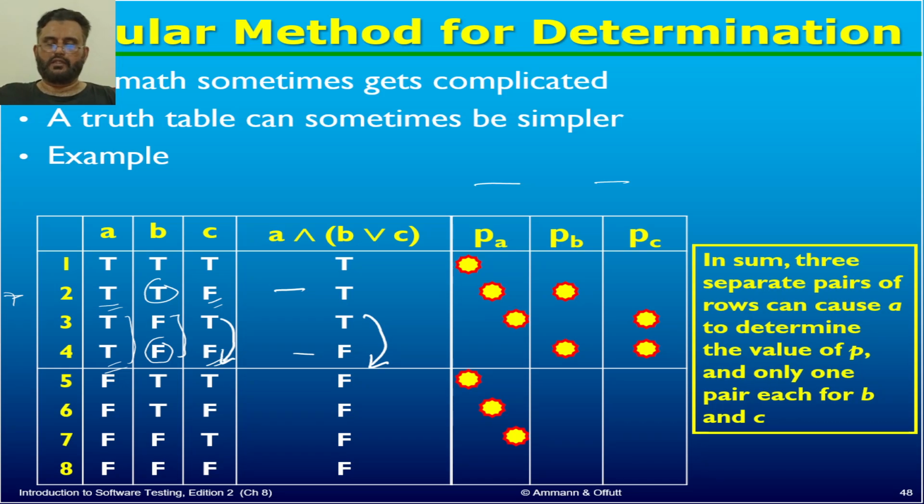In summary, three separate pairs of rows can cause A to determine the value of P, while only one pair each for B and C will cause these clauses to determine the value of the predicate.